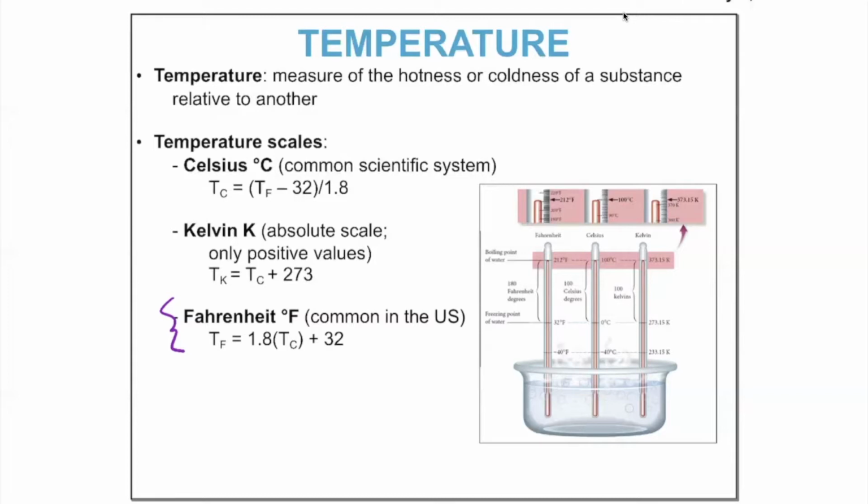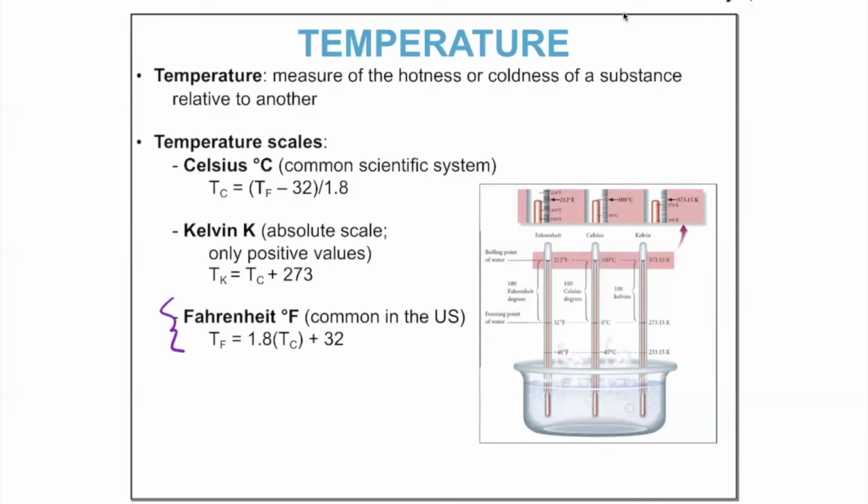Whereas Fahrenheit, that scale is very different. We have 100 degrees separating boil and freezing of water for Celsius. 212 minus 32 is 180 degrees. So you're going to see 1 degree Fahrenheit is not the same as 1 degree Celsius. However, 1 degree Celsius and 1 degree Kelvin, those are equivalent.